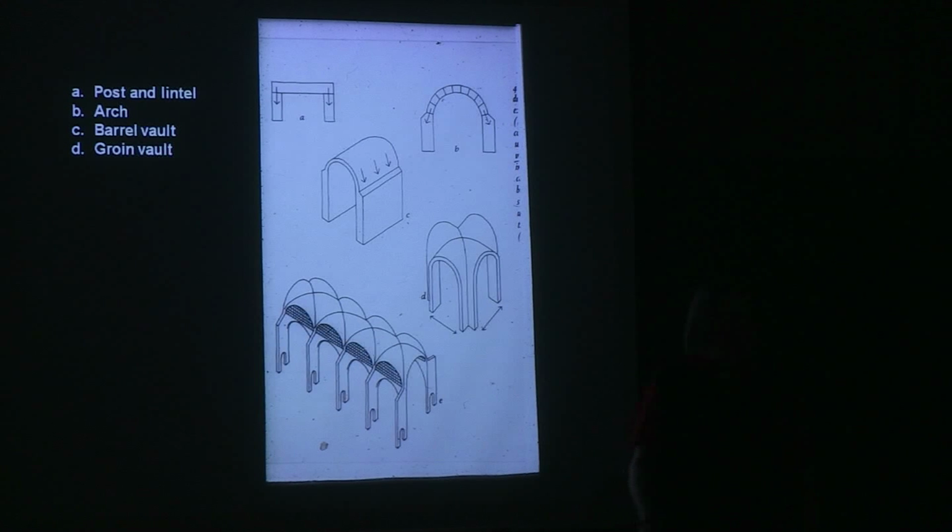You increase the structural potential of stone to allow greater openings, to allow more light to come in, to allow a greater variety in the definition of space.